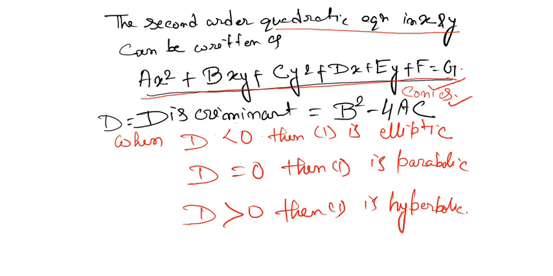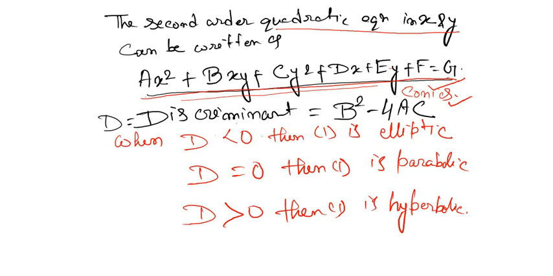I just simply want to motivate you that this nomenclature of the second order PDE is inspired by the classification of these second order quadratic equations. As we all know from coordinate geometry, this equation represents an ellipse when the discriminant is less than 0.